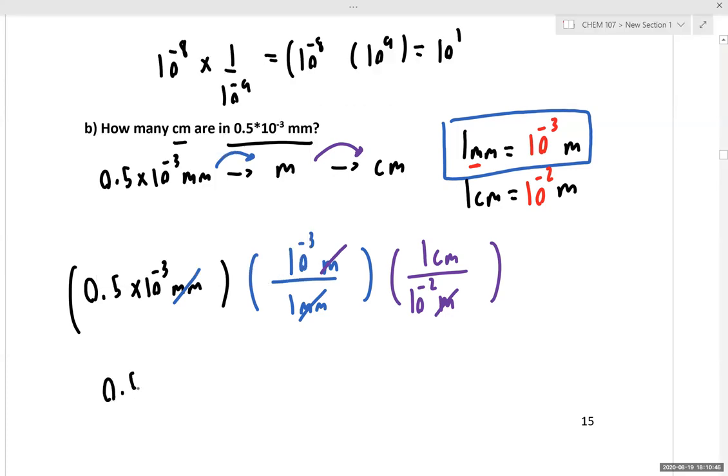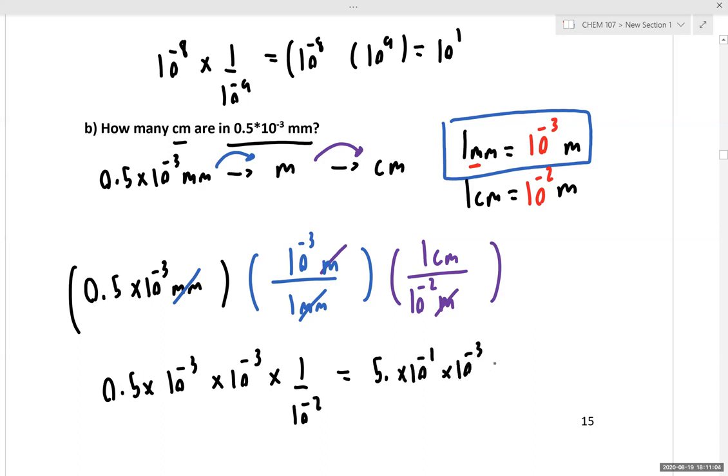So we have 0.5 times 10 to the negative third times 10 to the negative third times 1 over 10 to the negative second, which gives us 5 times 10 to the negative first times 10 to the negative third times 10 to the negative third times 10 to the second.